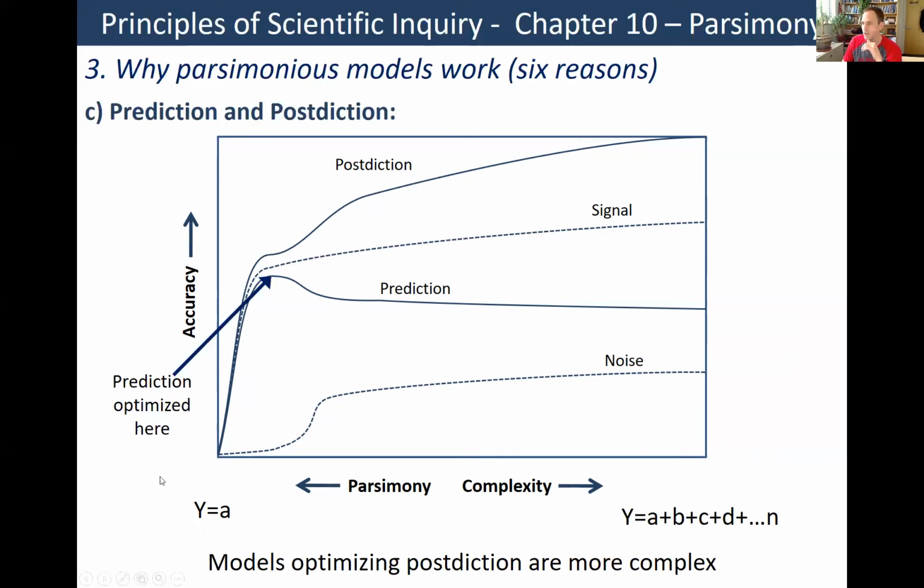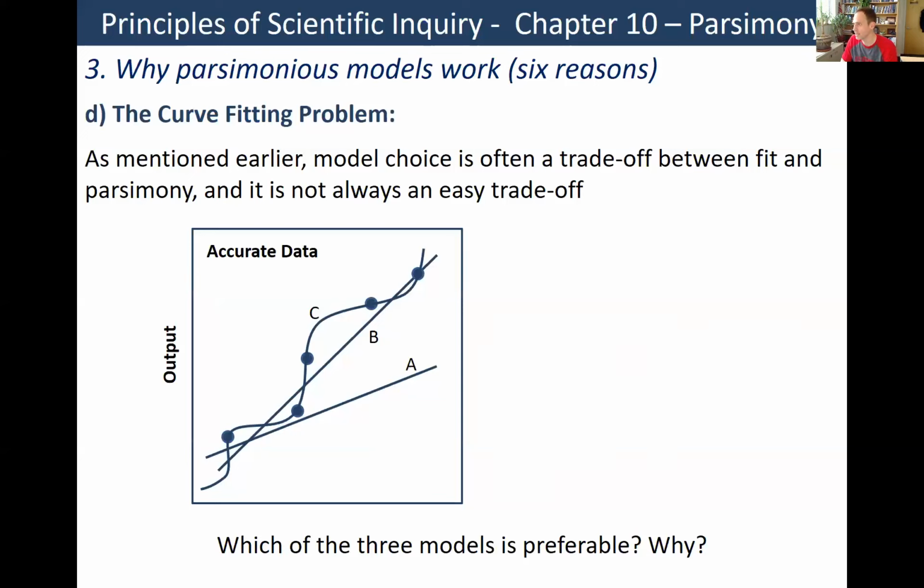As mentioned earlier, model choice is often a trade-off between fit and parsimony, and it's not always an easy trade-off. So here we have 3 lines, and we have a collection of data points. These 3 lines represent 3 theories that could explain these data points. Which of the 3 models is preferable? That's an easy or maybe not easy example.